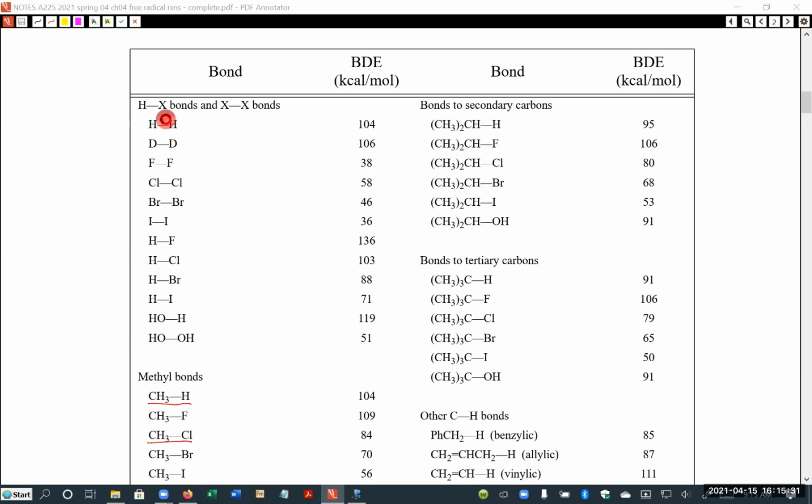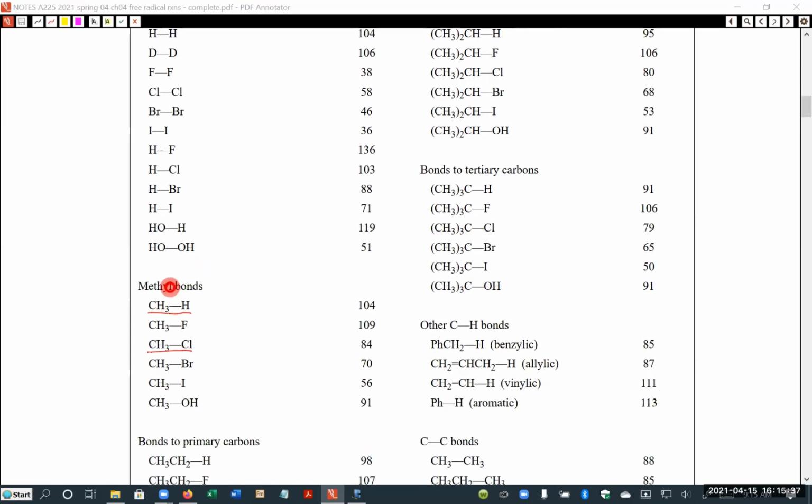So that's one type. However, there are also polyatomic species. So I'm just going to look at methane, but then I'll show you a couple others. Methane is CH4. If we look at one of the carbon to hydrogen bonds, there would be a hydrogen on one side, and then CH3 on the other side.